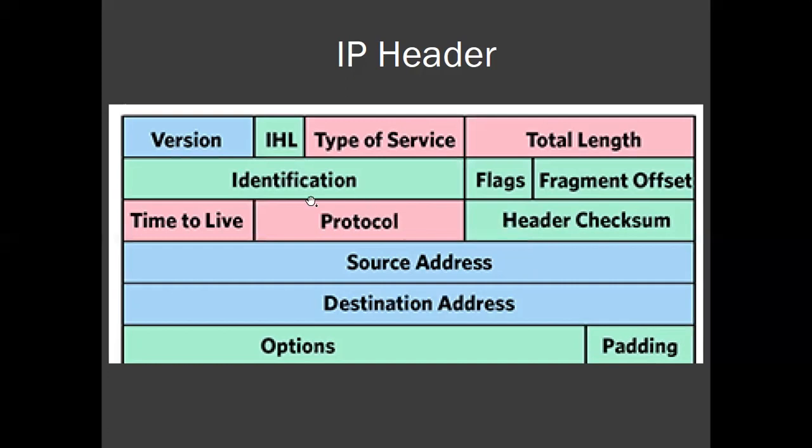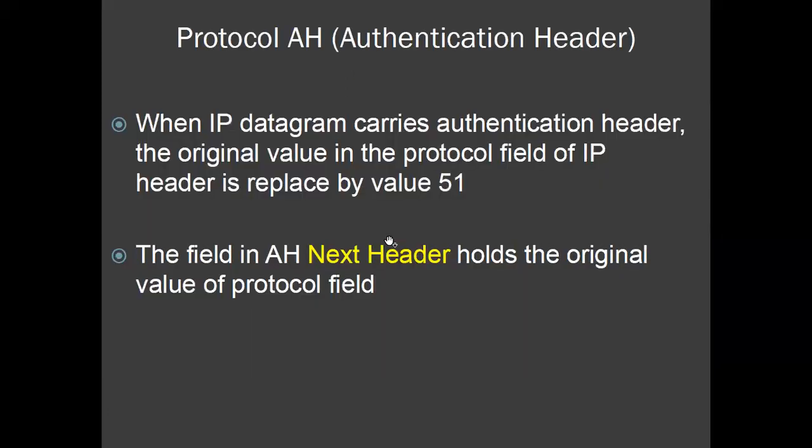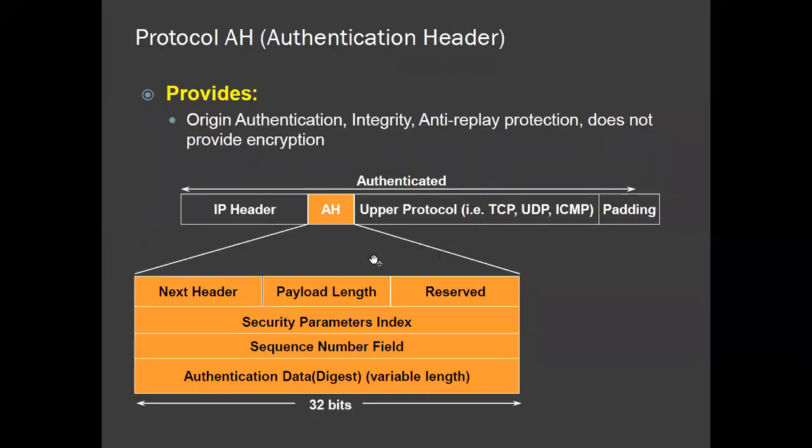This original value of the protocol field is then inserted in the next header field. The first field, the next header, carries the original value of the protocol field of the IP header.